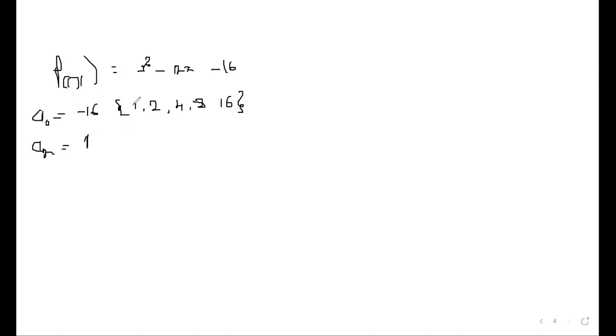These should be plus or minus. The factors of 1 are just plus or minus 1. Then we start dividing this. What we are trying to get is a number that we can replace into this polynomial and get a 0 in the end.